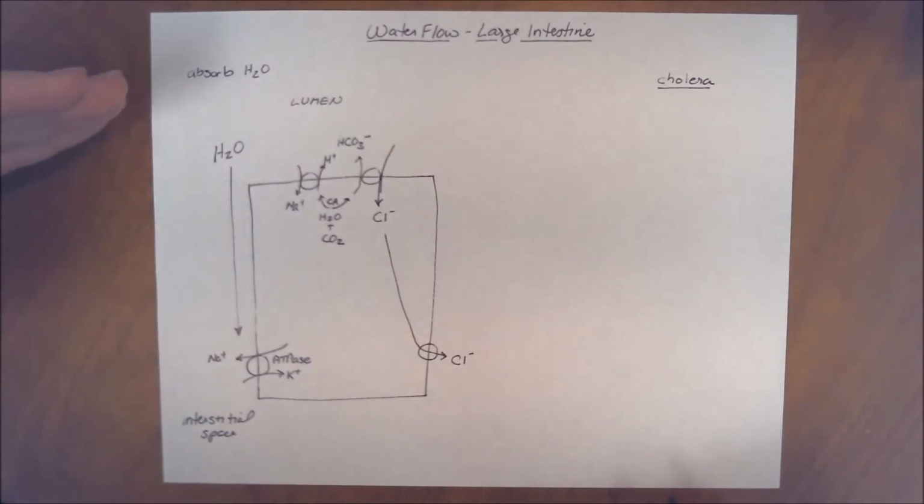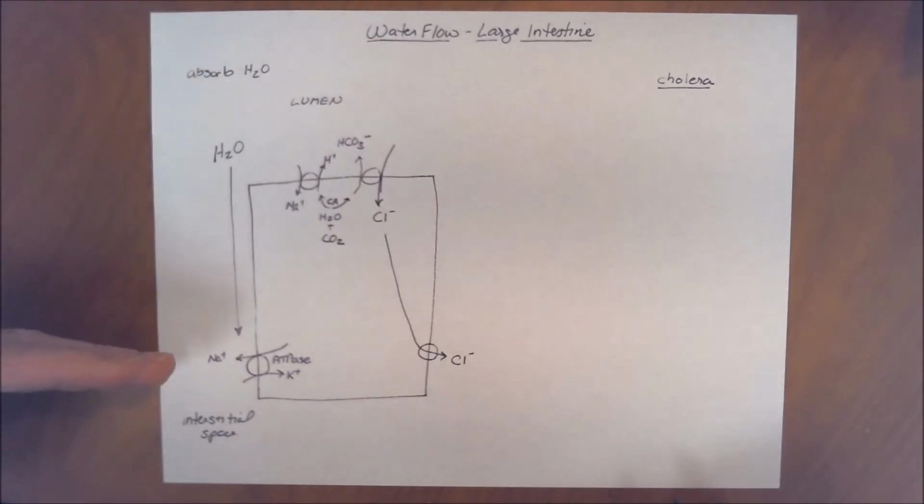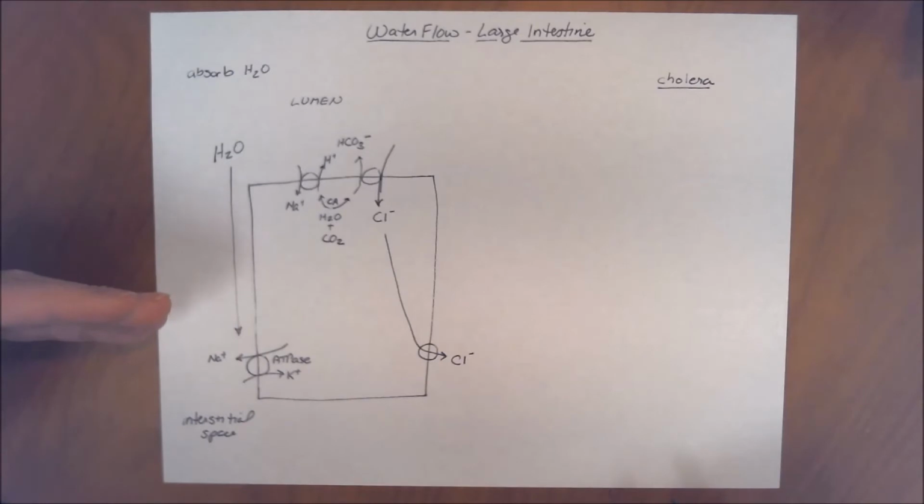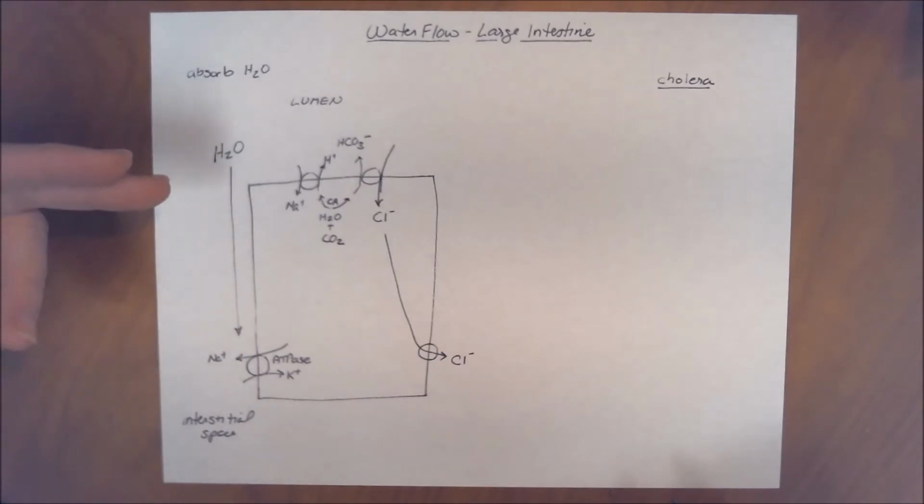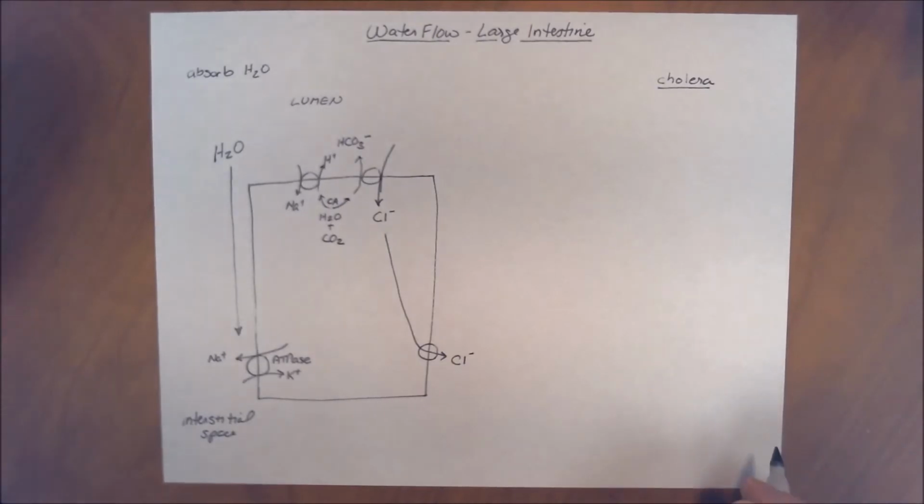Now again, this is the last opportunity for the body to absorb water in the intestinal system, the large intestine. If we have too much water resorption, then we have constipation. If we have too little, we have diarrhea. So this is a very important balance.